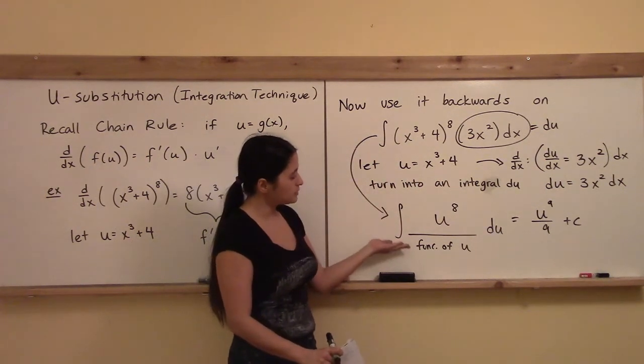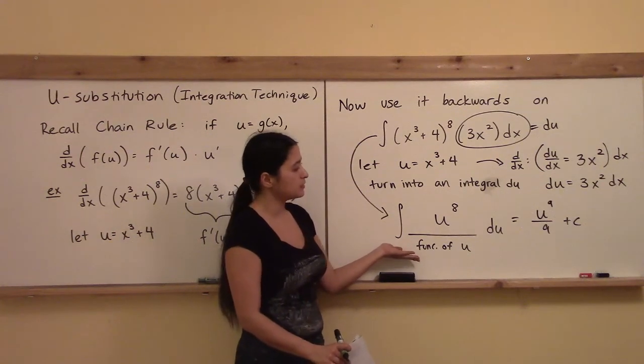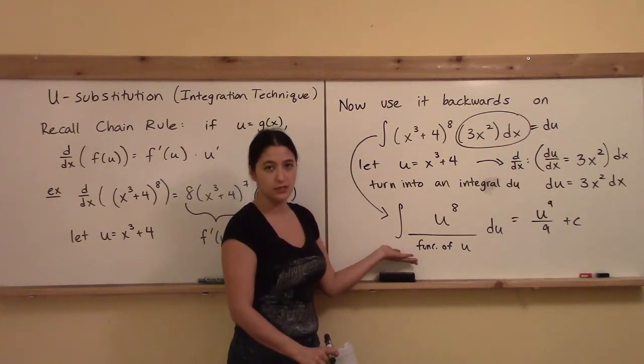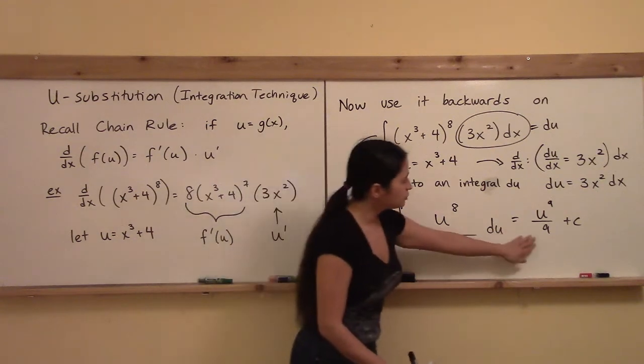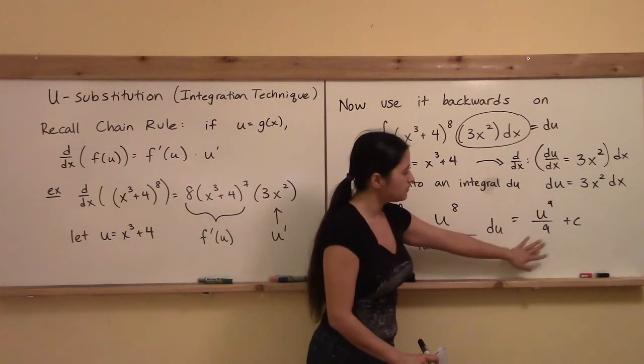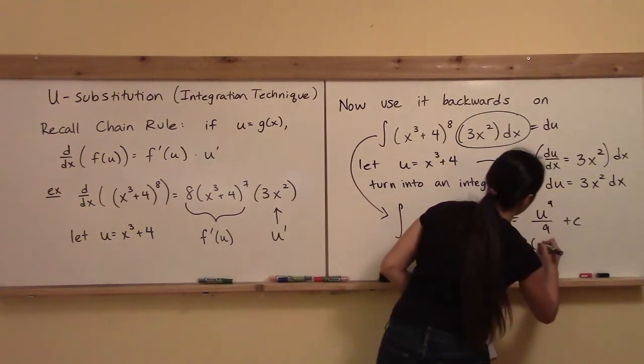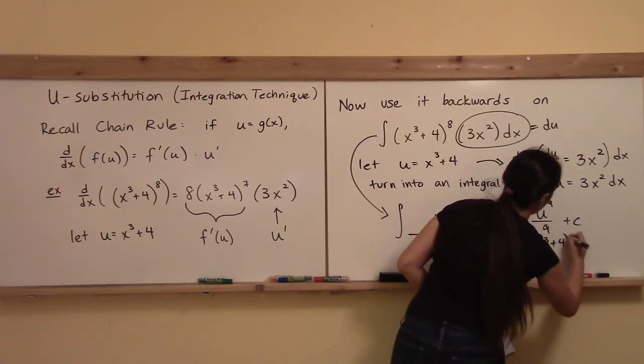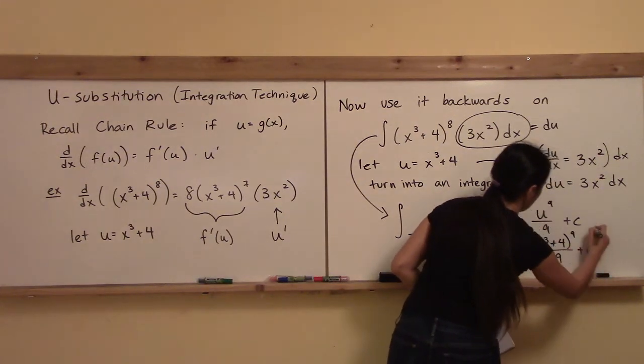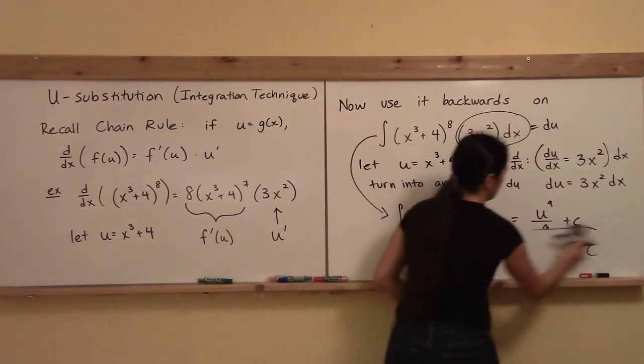Okay, so I've gotten to this point where after I recast the integral in terms of u, it's u to the 8th du. That turns into u to the 9th over 9 plus c. And what's u? Well, u is equal to x cubed plus 4. So the answer is x cubed plus 4, to the 9th, divided by 9, plus c. And that's going to be the total answer.